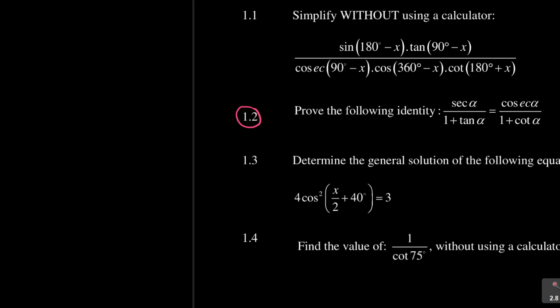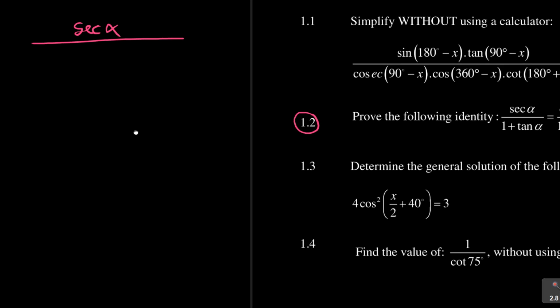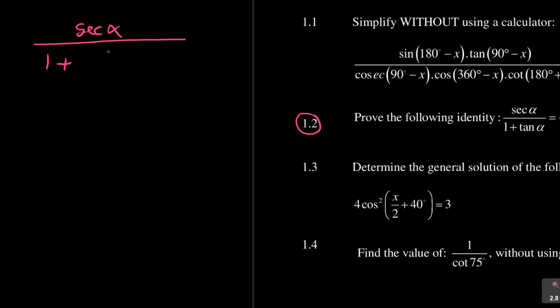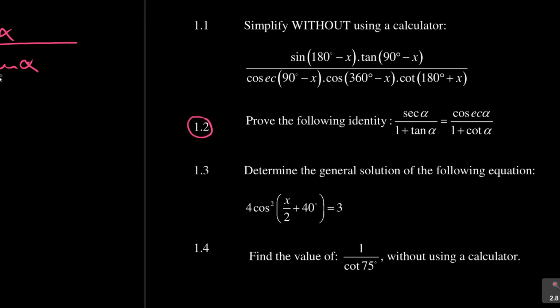So what you are given here is I'm supposed to prove sec alpha all over 1 plus tan alpha is equal to cosec alpha over 1 plus cot alpha.